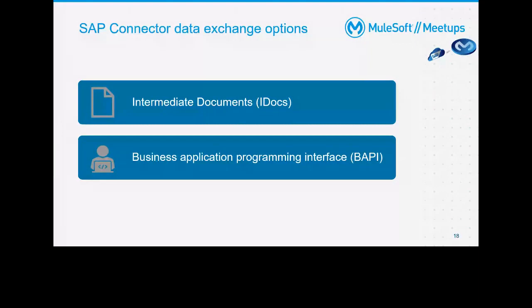IDocs are typically used when information needs to be sent to or from SAP without notification requirements, primarily used to transfer master data in and out of SAP. In simple terms, IDoc is used to transfer data in and out asynchronously, because in MuleSoft we are using IDoc listeners for listening to IDoc or sending IDoc. In both cases, it happens asynchronously.